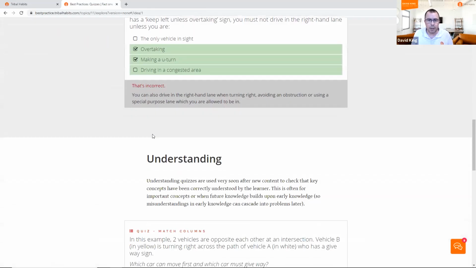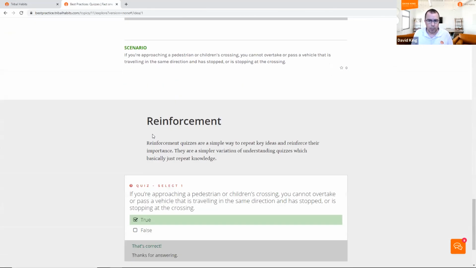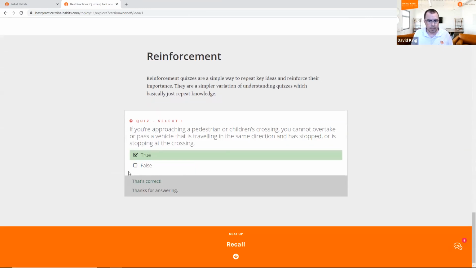And then calibration, understanding, and reinforcement are all dealing with knowledge that they've just received, where I'm fine-tuning, checking things, or reinforcing it. And so these are opportunities just to drop in quizzes along the way. The great thing about using quizzes here in situ as well is that they slow down the learning. They stop new content coming at the learner and give them a chance to absorb what they've already got before we move on.